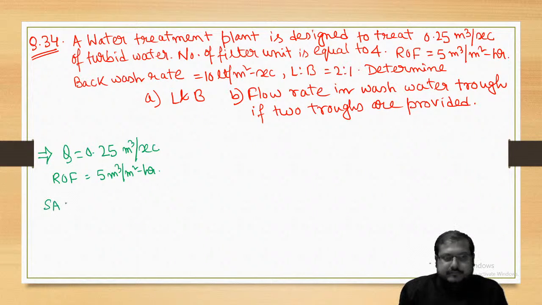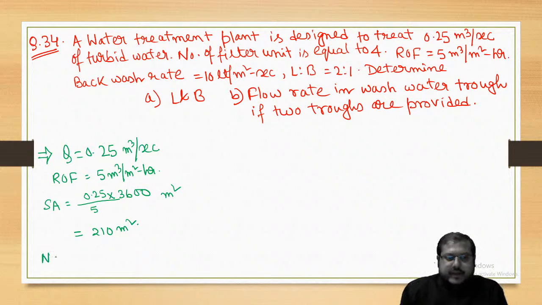So surface area is 0.25 into 3600 by 5, that much meter square, to 180 meter square.